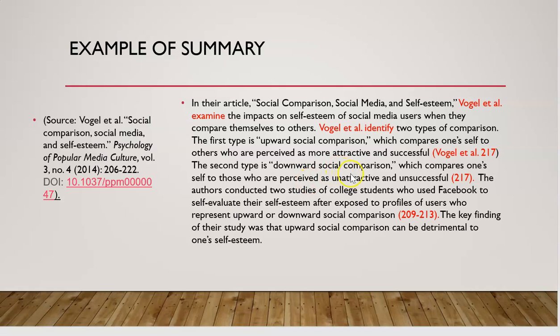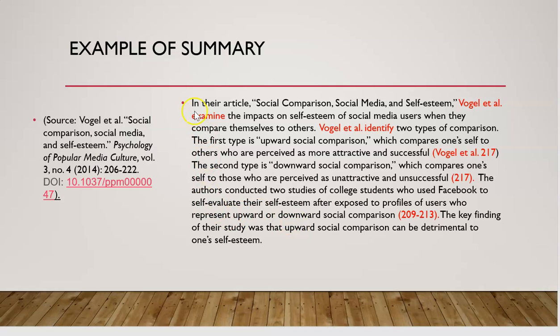The second type is downward social comparison, which compares oneself to those who are perceived as unattractive and unsuccessful. The authors conducted 2 studies of college students who use Facebook to self-evaluate their self-esteem after exposed to profiles of users who represent upward or downward social comparison. The key finding of their study was that upward social comparison can be detrimental to one's self-esteem.